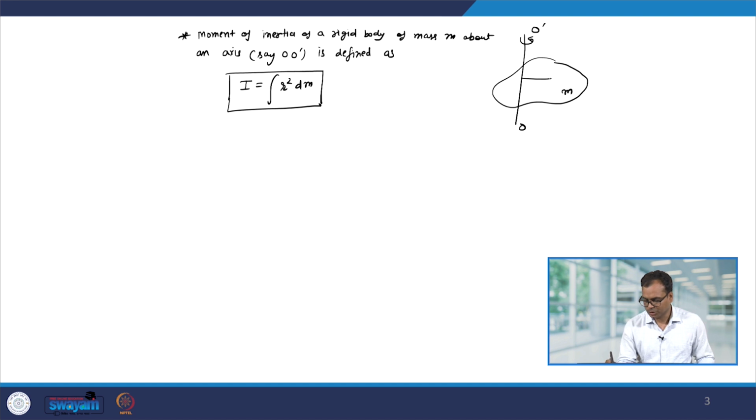So, we take a small mass dm at a distance r, and then you find out this integral. Now, based on this, let us look at the moment of inertia of some standard objects.